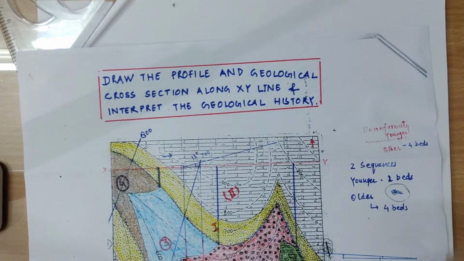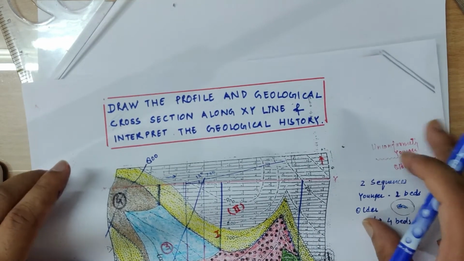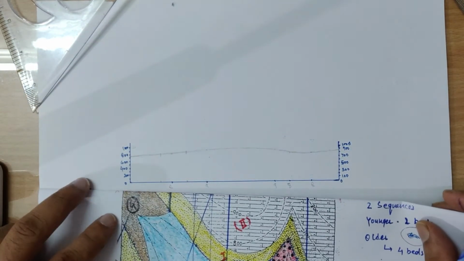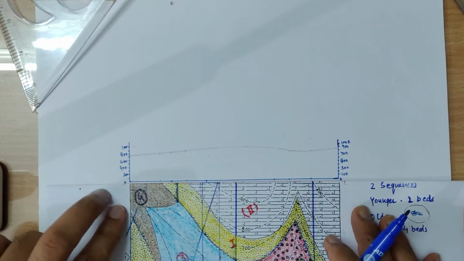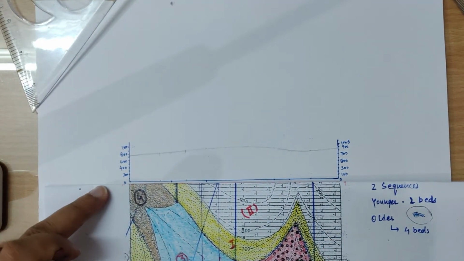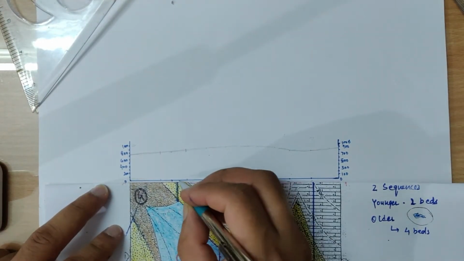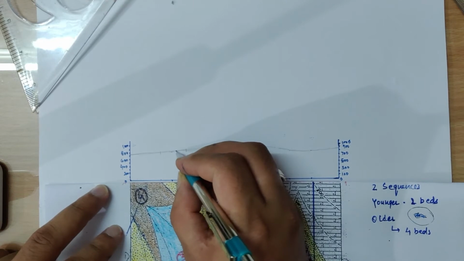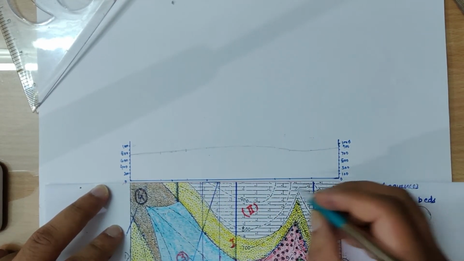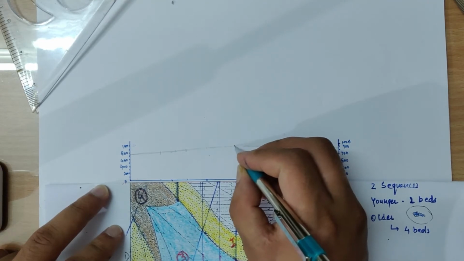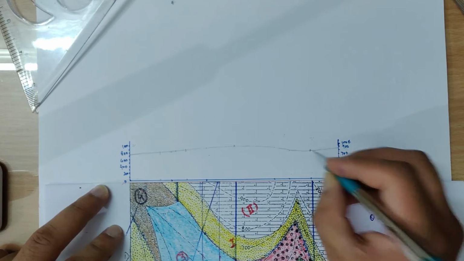So that's how we are going to get these older beds onto the section line. So now we will mark them as well. So now we have got one more bed somewhere here, another bed here, and one more bed over here.